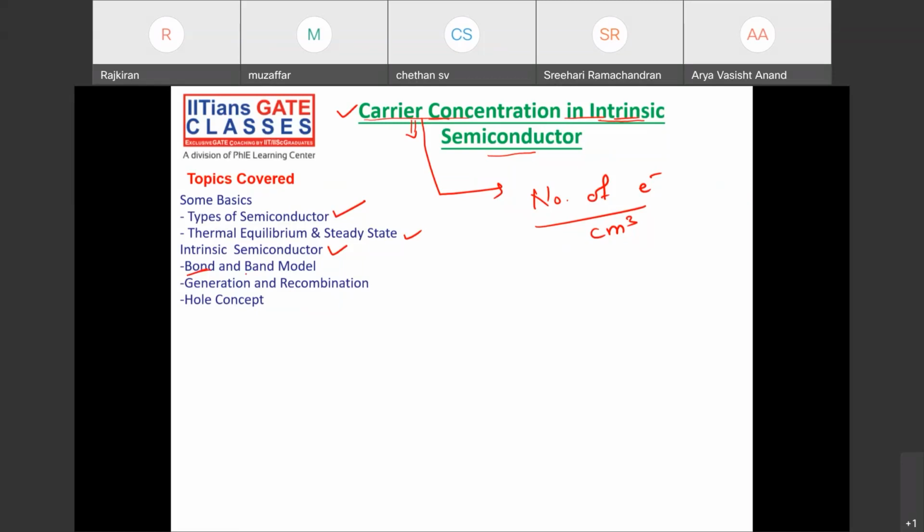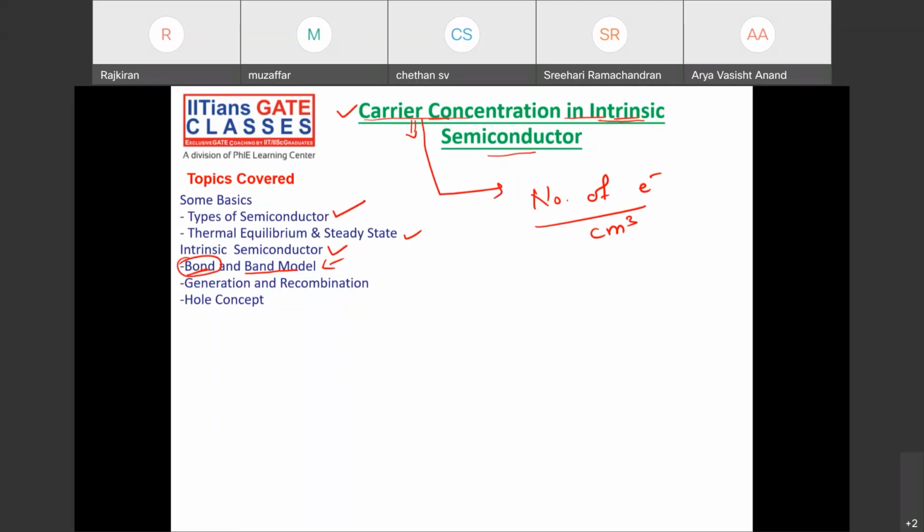The band model will give you a very accurate number. Suppose you ask me what the concentration of electrons is at temperature T equal to 300 Kelvin; then the band model will give you an exact number. So the band model is for mathematical calculation, and the bond model is for your understanding. Right, guys?